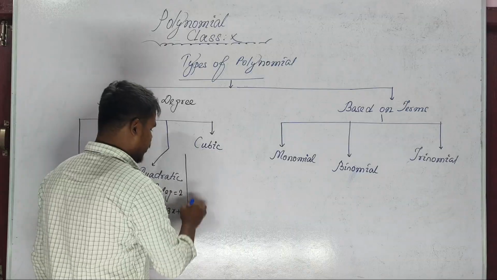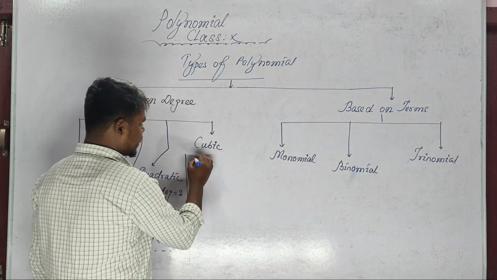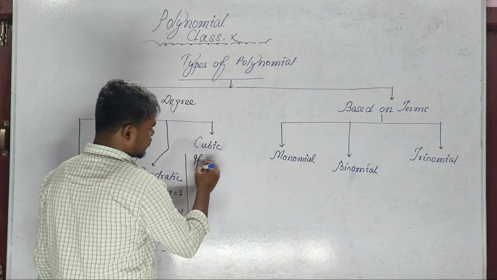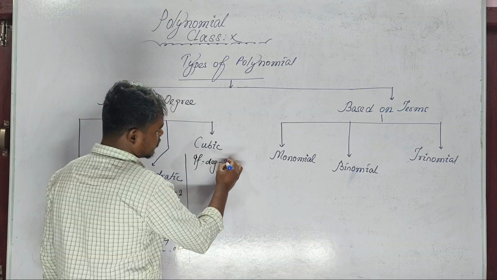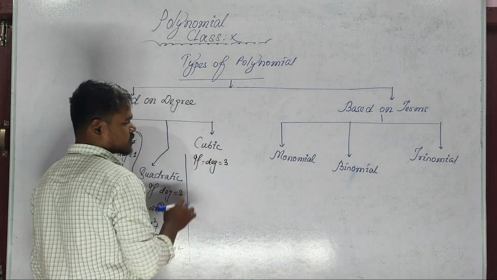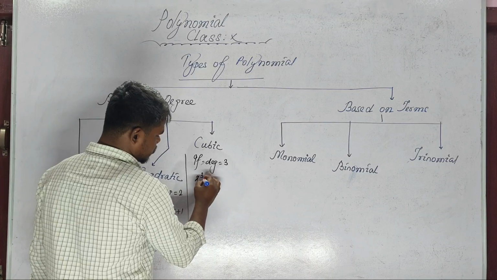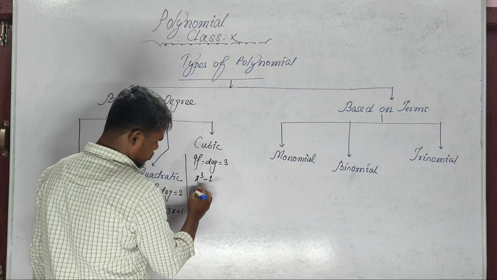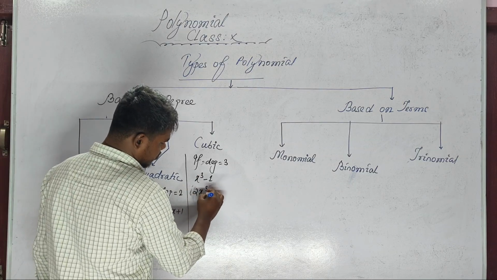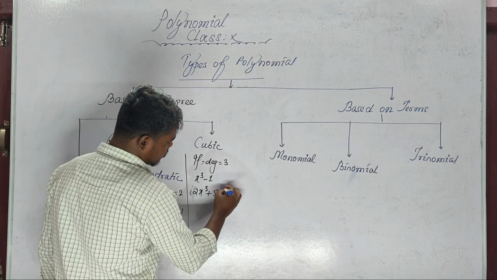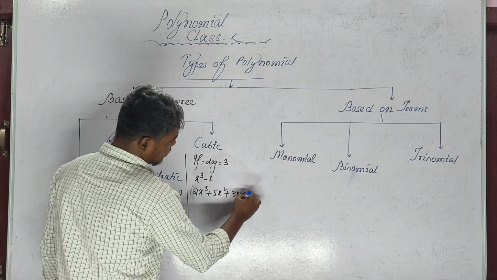Now the cubic polynomial. If degree is equal to 3, this polynomial is called cubic polynomial. It means x cube minus 1, 2x cube plus 5x square plus 3x plus 9.